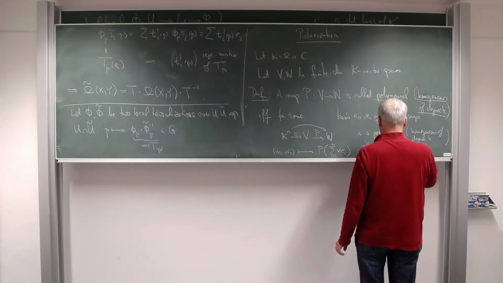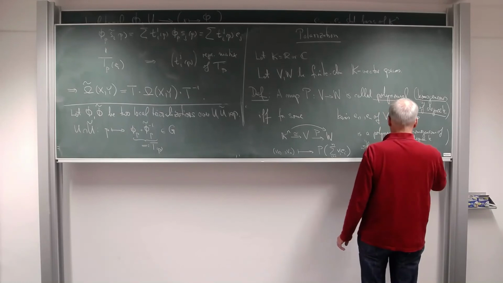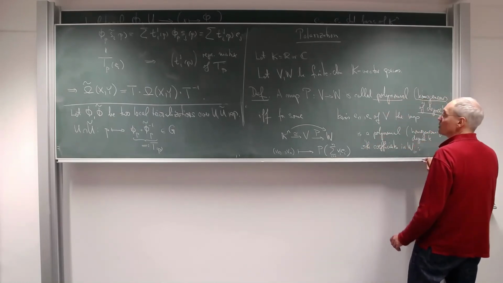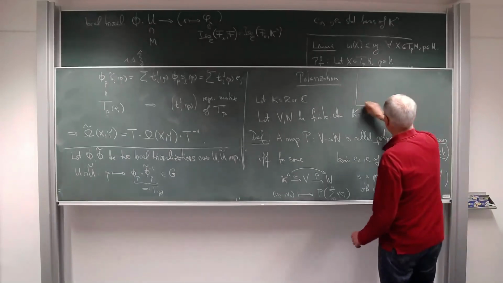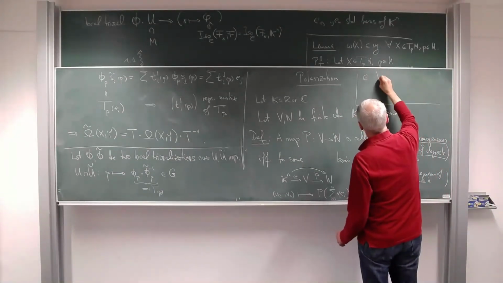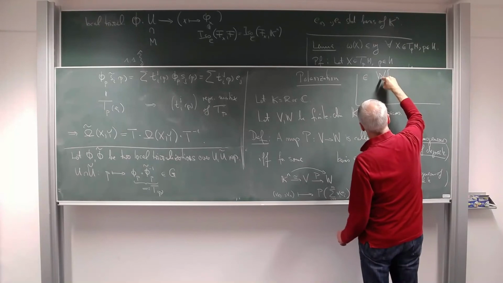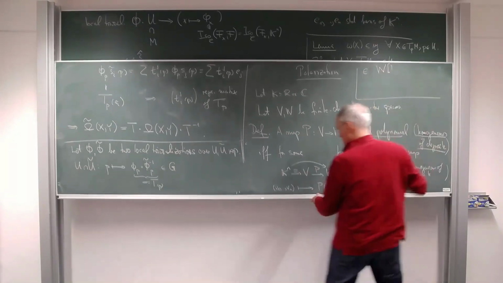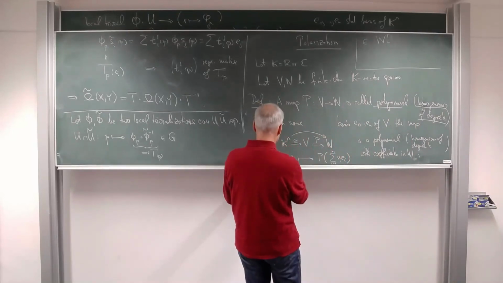So for polynomial, this means it's contained in the set of polynomials with coefficients in W of the variables. I prefer to call them T1 up to Tn.